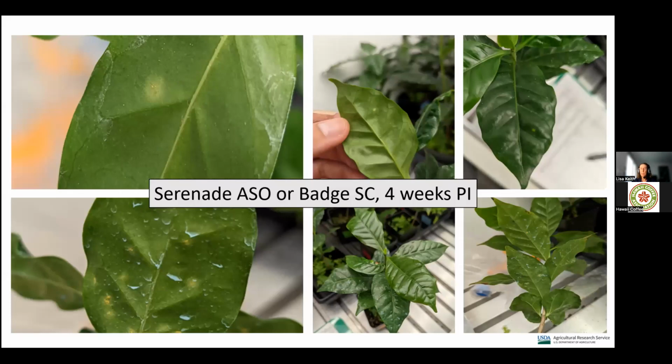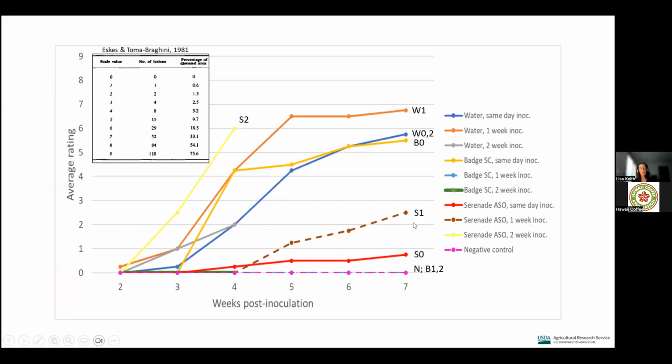And you probably can guess based on the color of the residue which product is which. Okay, yes, more graphs. Trying to make it easier though, again, showing if we inoculate immediately after the treatment, 1 week after the treatment was applied, or 2 weeks after the treatment was applied.